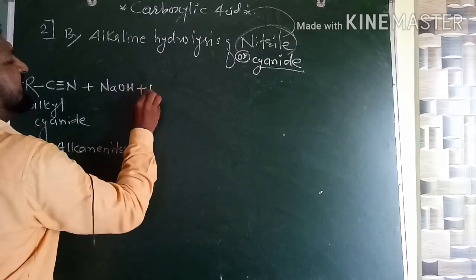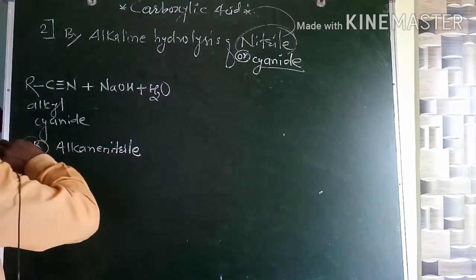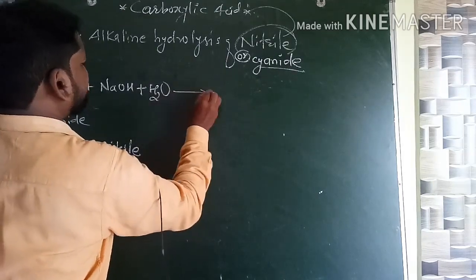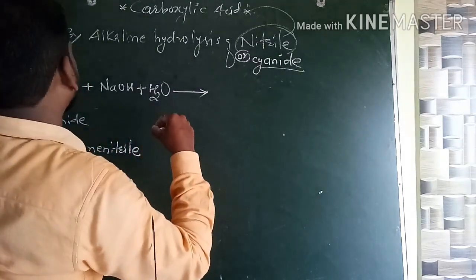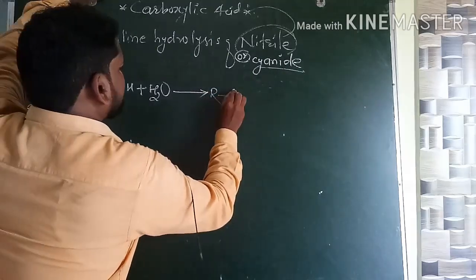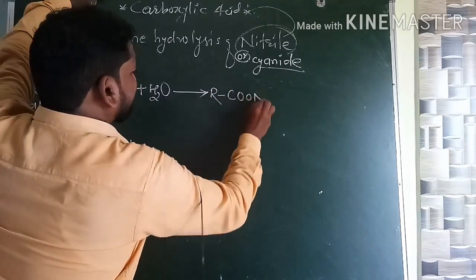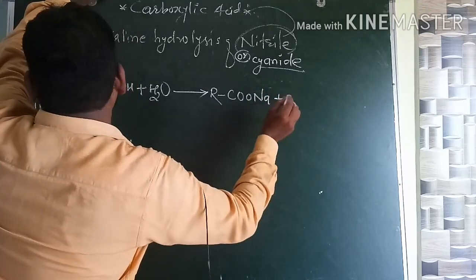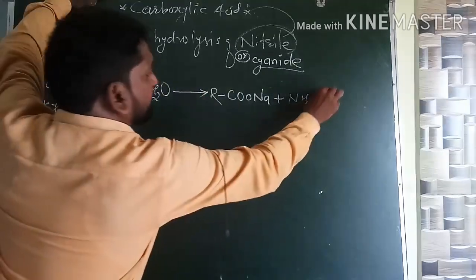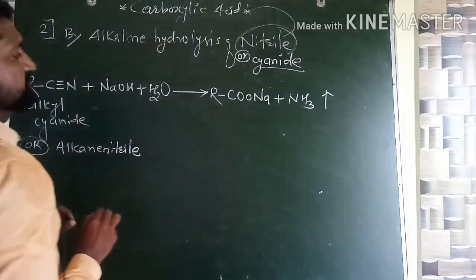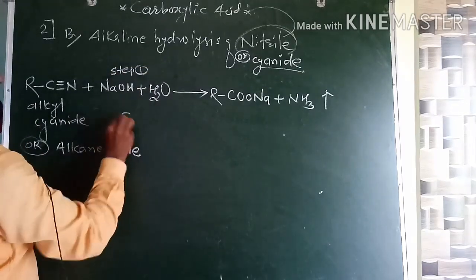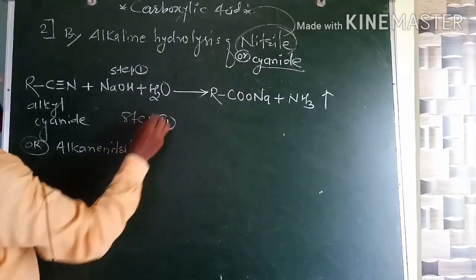Simple reaction: RCN plus NaOH plus H2O, giving RCOONa plus NH3 liberated. This is step 1. Now what happens in step 2?